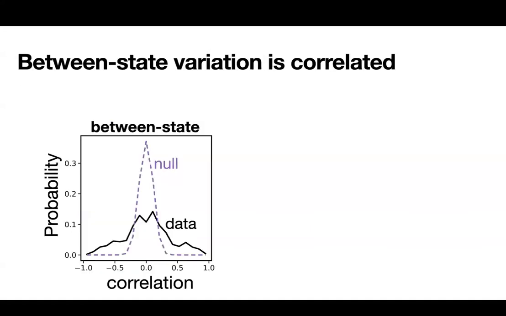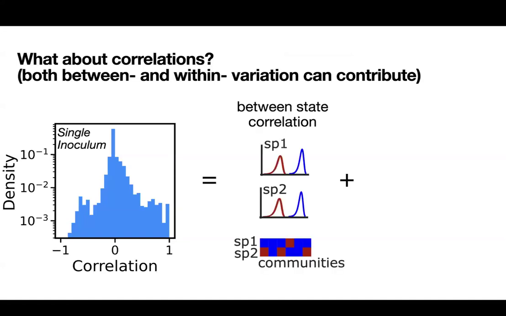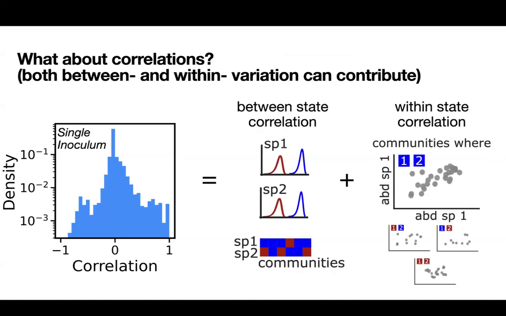And so we can address how these two factors contribute to the overall correlation by randomizing the data, keeping each of these two sources of correlation fixed while varying the other.